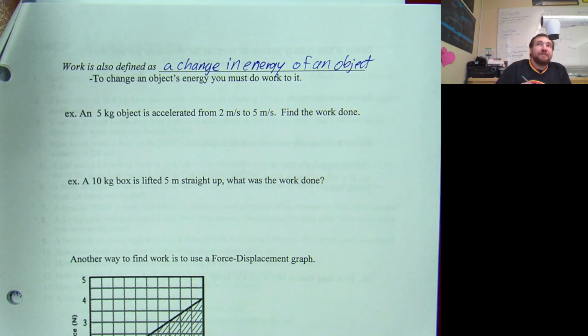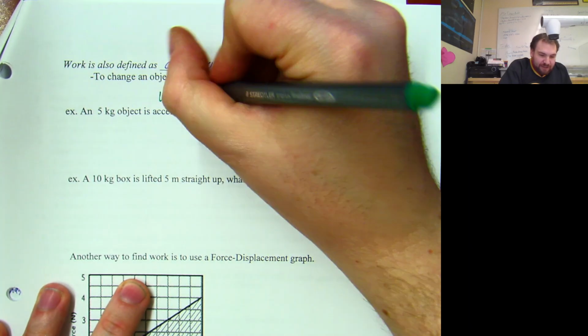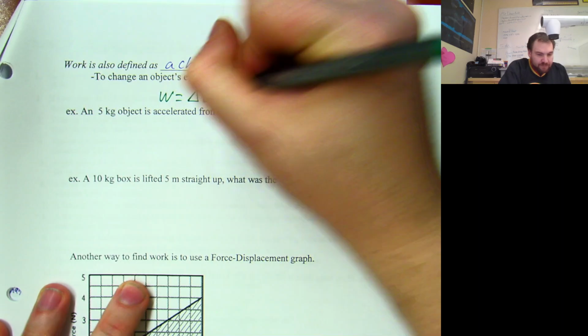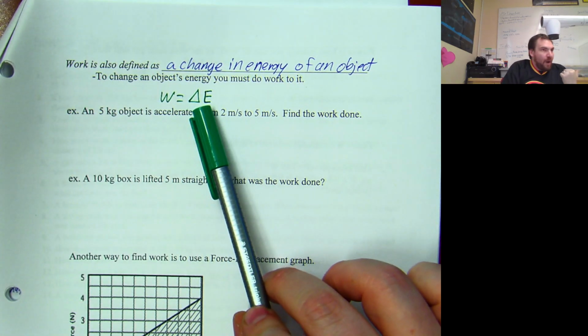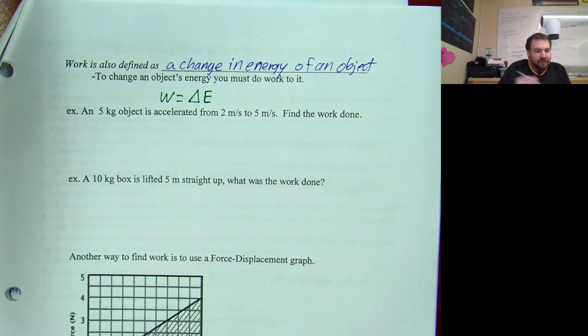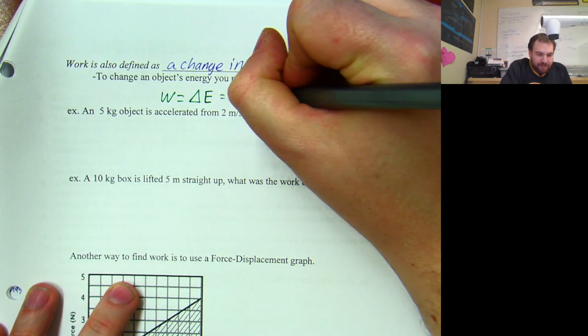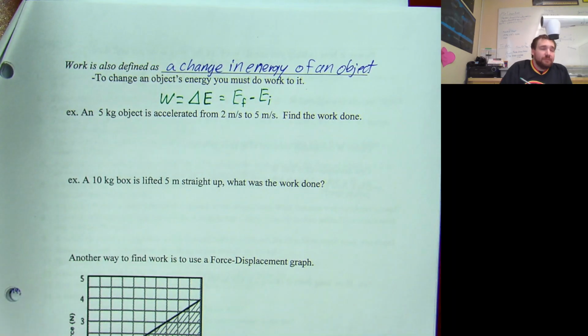So the expression for that then is work is equal to delta E. We remember delta from way back, means a change in. So this is going to be equal to your energy final minus your energy initial.